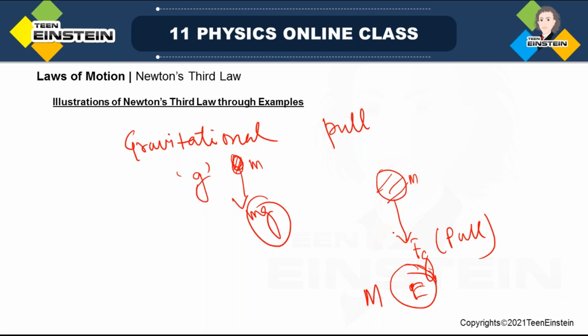What is the reaction? Then the reaction will be the force exerted by the stone on the earth. That means the stone also will pull the earth, and we know action and reaction will be equal and opposite.